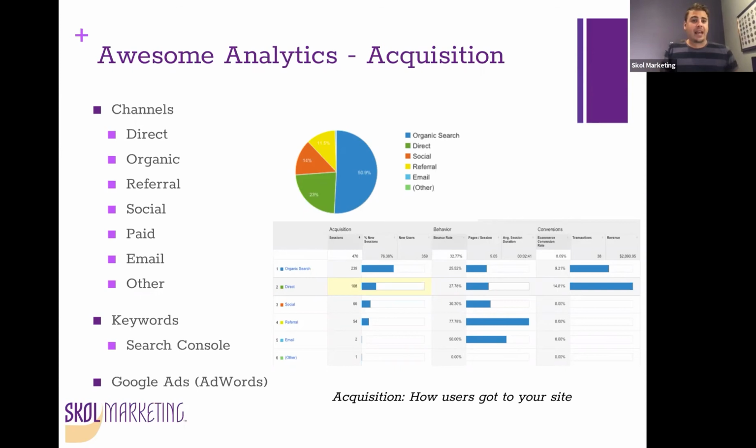This is a prime example. You could have had 10,000 visitors last month, but if 9,852 of them are spam, then obviously that wasn't a very good month, and we have to look at that. There should be no reason you have an extreme example like that, but it shows why we want to look at referral traffic.